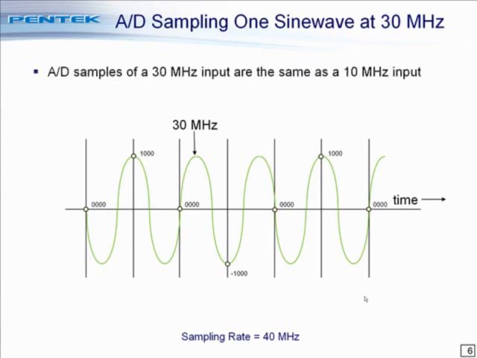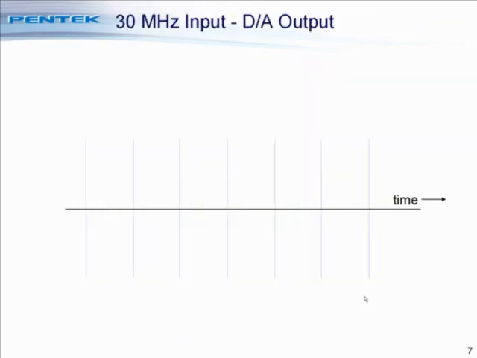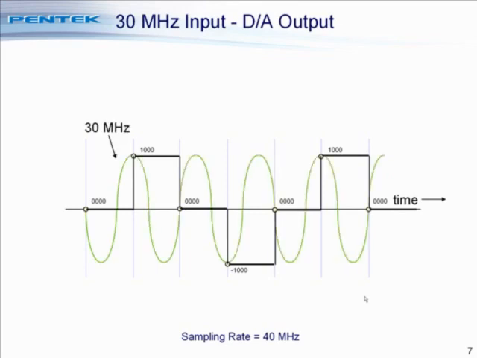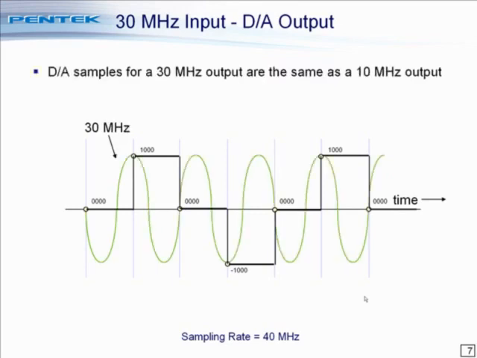In fact, these are the same samples that we got when we had a 10 megahertz input. So now you begin to see what's happening. In case of the output, we are generating those same samples at the output, and in fact, the output signal does contain a 30 megahertz output waveform with the same samples as those for the 10 megahertz output.